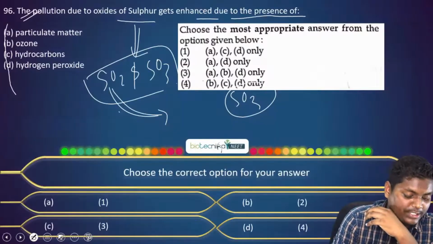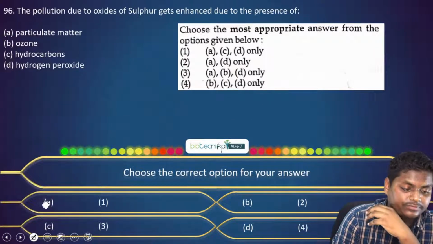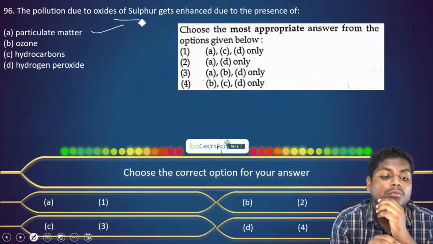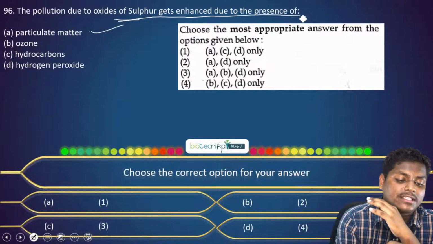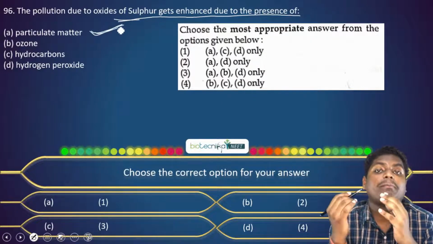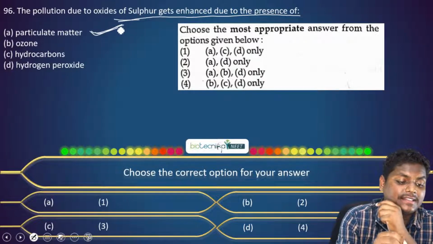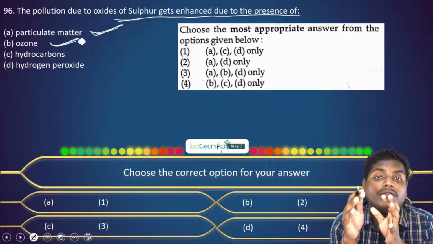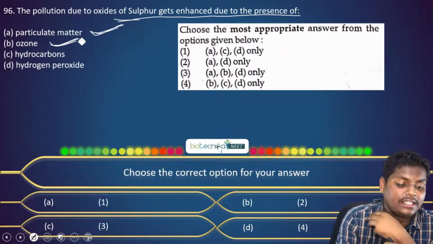If we analyze the options closely, the question asks which things enhance the pollution due to oxides of sulfur. We have just seen that particulate matter acts like a catalyst to enhance the reaction, so yes, it is involved. Yes, ozone is also involved, as we saw the reaction where sulfur dioxide reacts with ozone to form sulfur trioxide and oxygen.